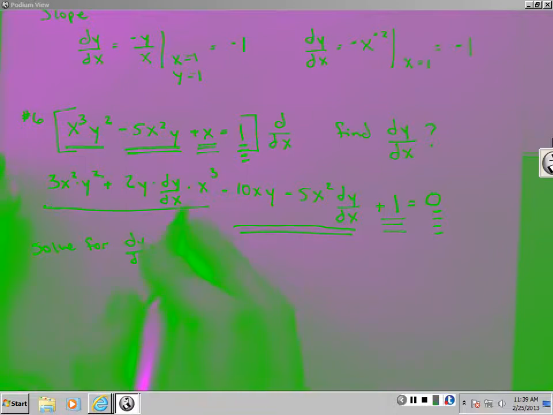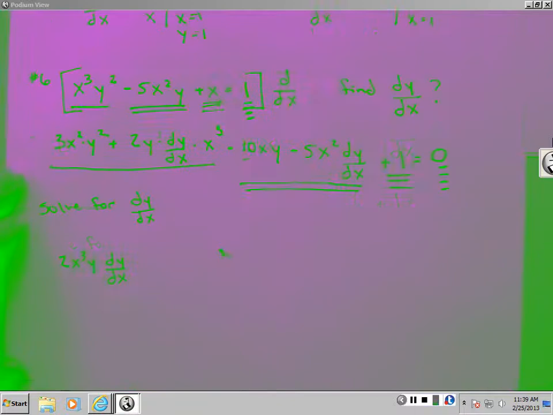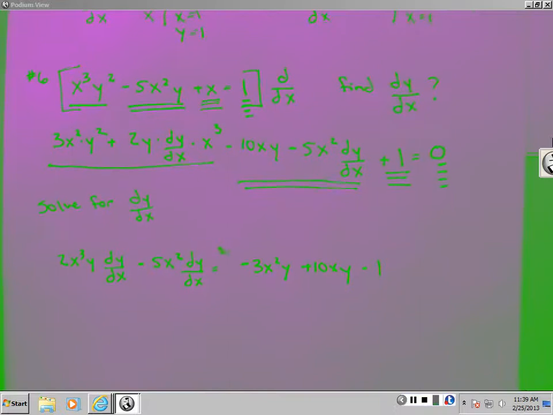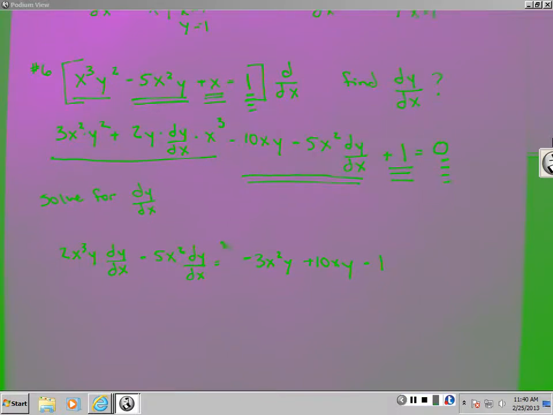So I have 2x cubed y dy dx minus 5x squared dy dx equals minus 3x squared y squared plus 10xy minus 1.